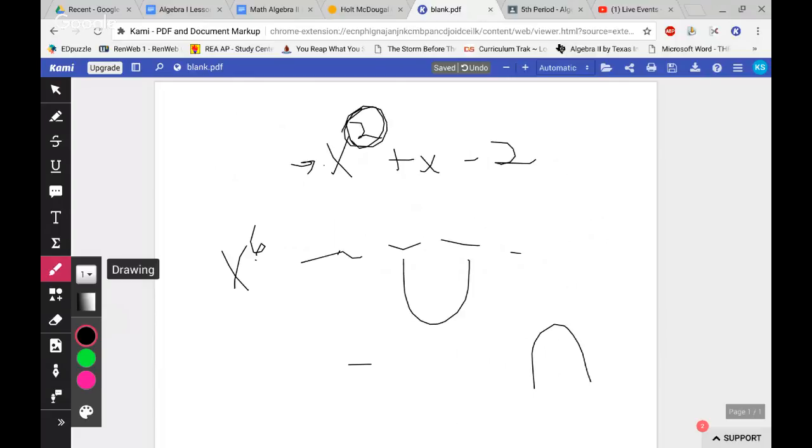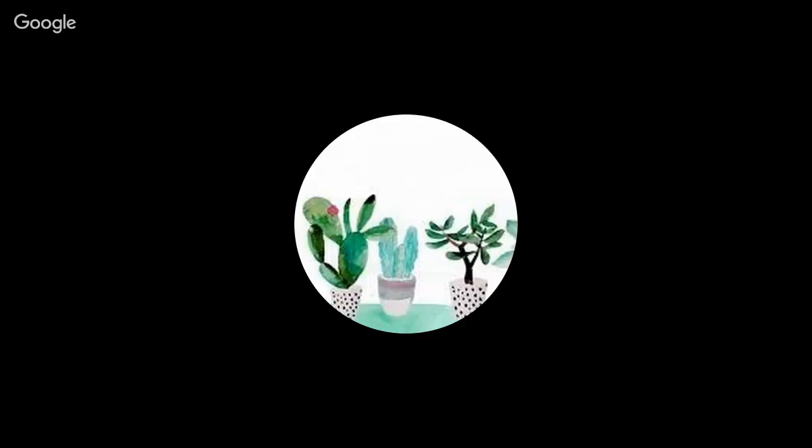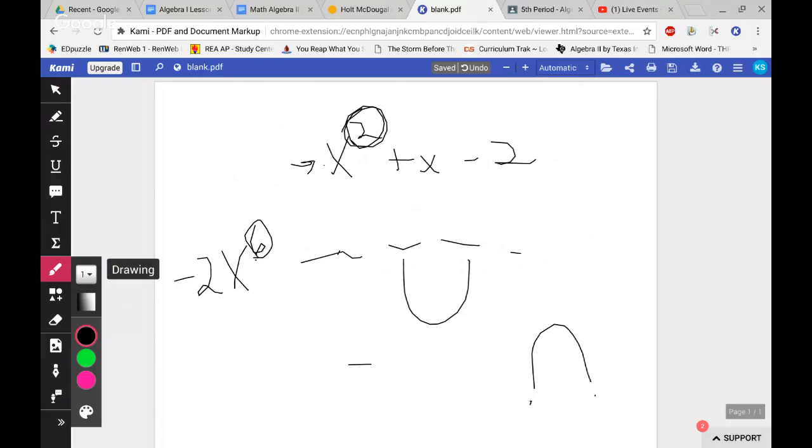So the parent is going to be the parabola. So it's going to rise to the left and rise to the right. But if this happened to be a -2, it would fall to the left and fall to the right. Okay. So your degree will tell you if you're going to focus on the line or focus on the parabola.